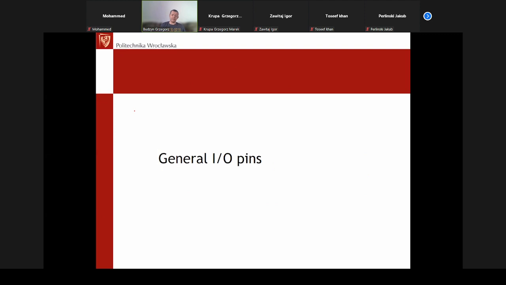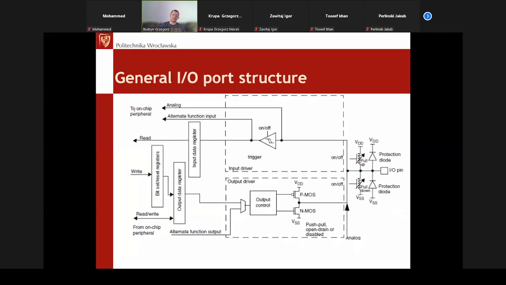Connecting general I/O pins in a microcontroller. This is the standard internal structure. We talked about it during one of the lectures in the previous semester, as far as I remember. The things to remember about this universal port structure are, first of all, that there is a kind of protection on the pin.